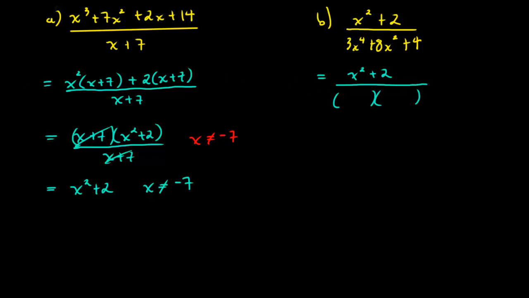So I need 2 values in these places that multiply to 3x to the power of 4. So let's try 3x squared and x squared. And I need 2 values that multiply to positive 4. So let's try positive 2 and positive 2.